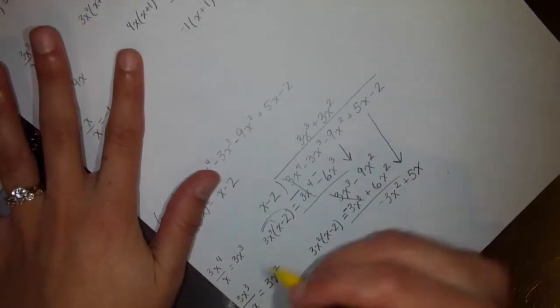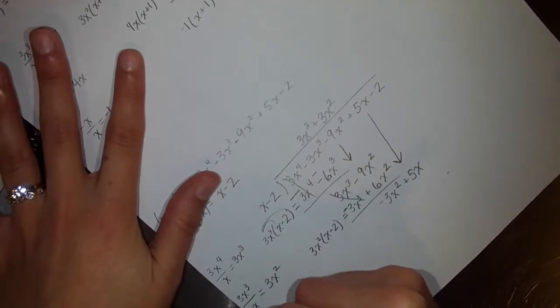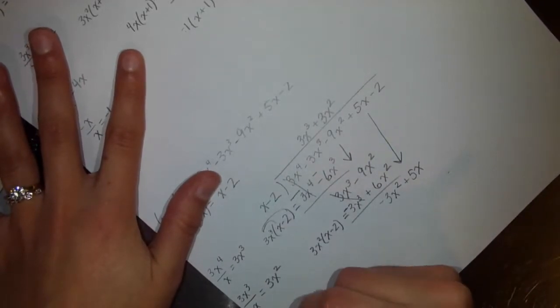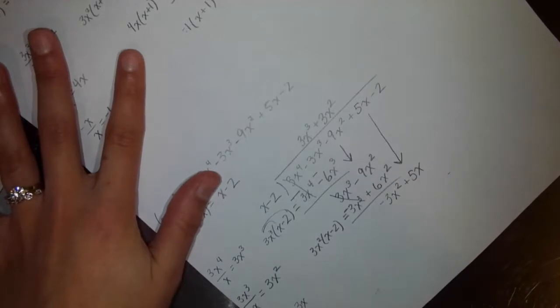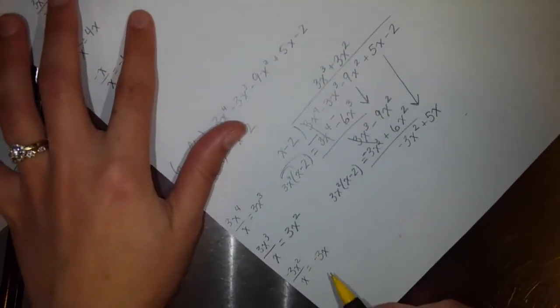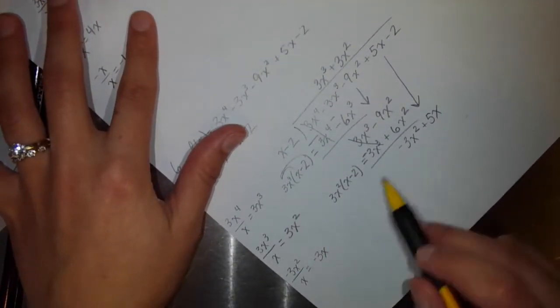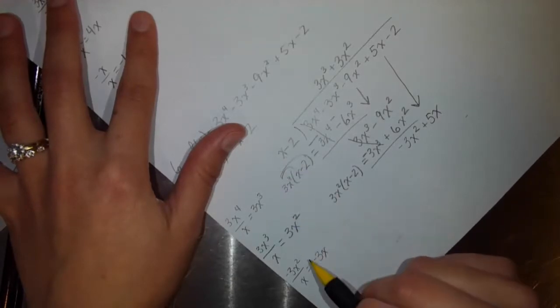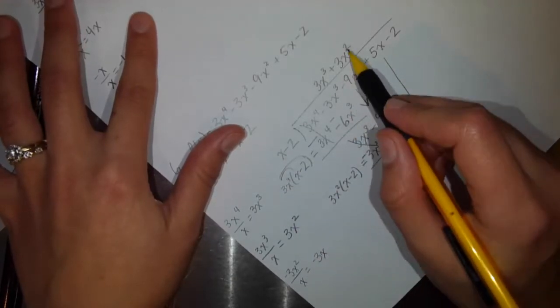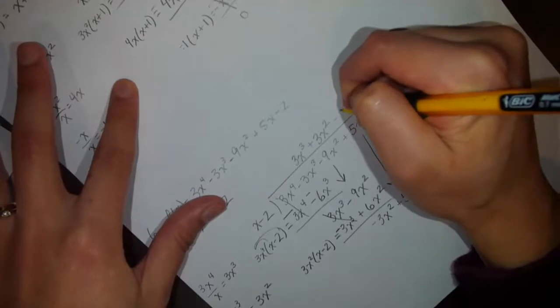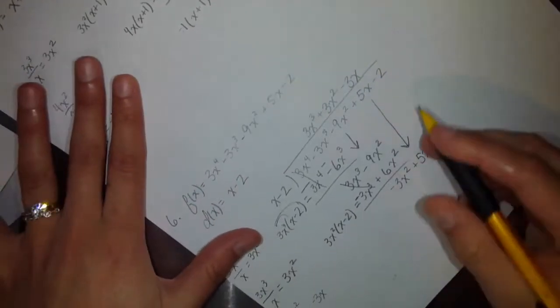That's up to you. So I have negative 3x squared, and my first term, I'm left with negative 3x. Sorry, negative 3x squared divided by my first term here. I get negative 3x, so that's my next number up top, minus 3x.